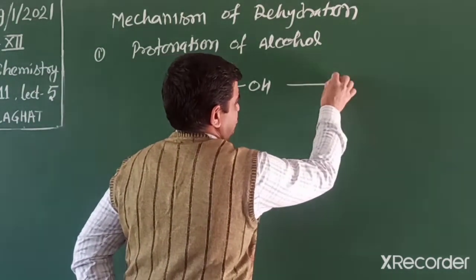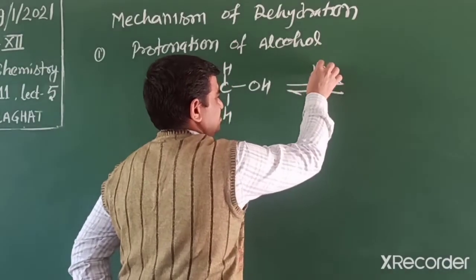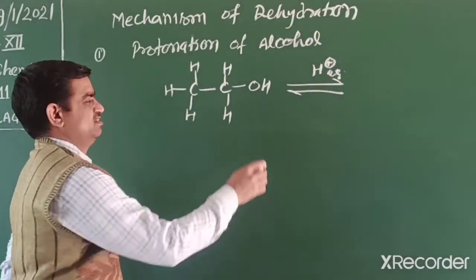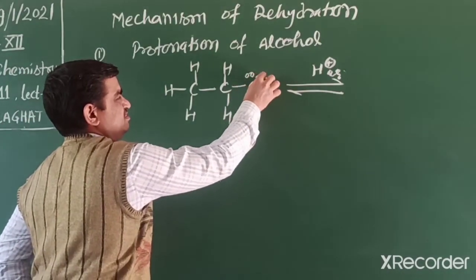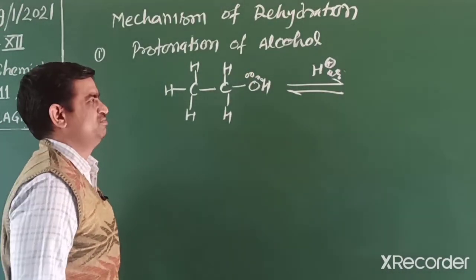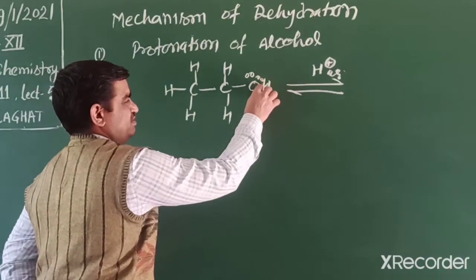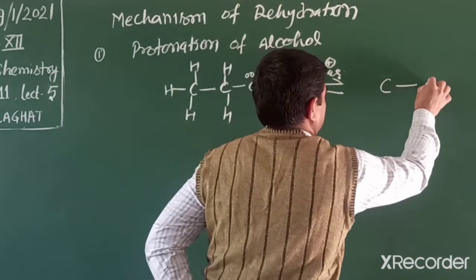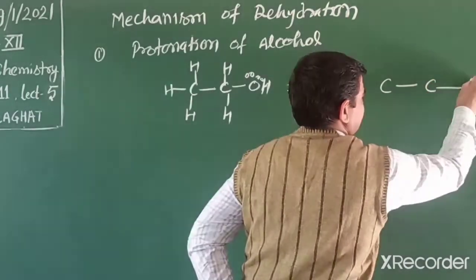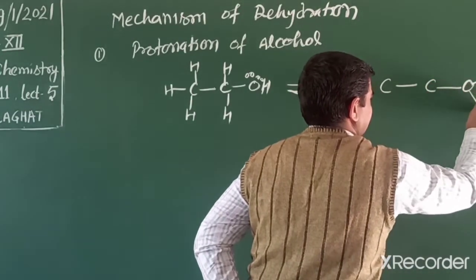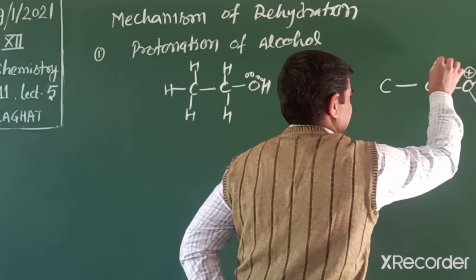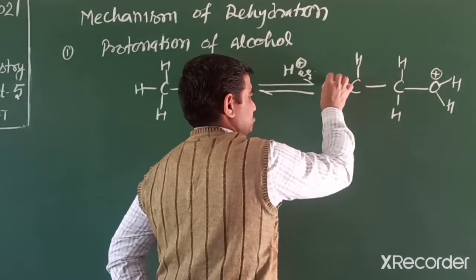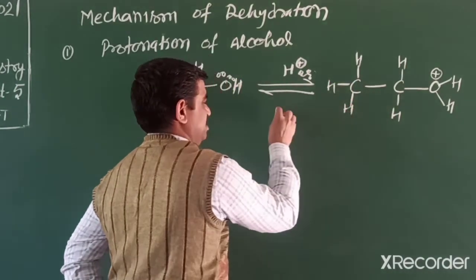In the first step, in the presence of acid, we know alcohol has 2 lone pairs of electrons on oxygen, so a proton is attached. This one is a fast step. Protonation of alcohol is a fast step.